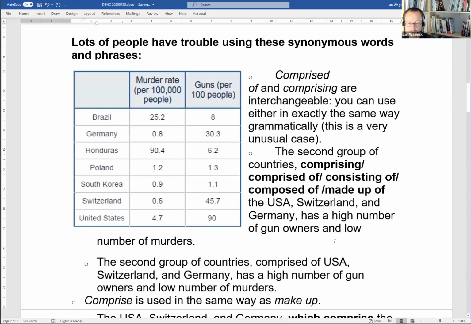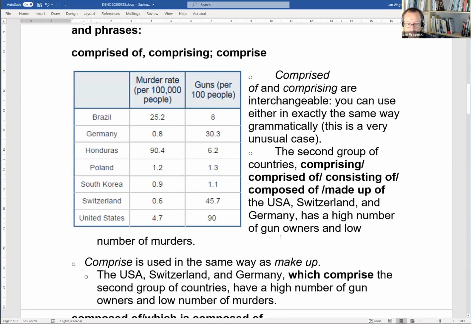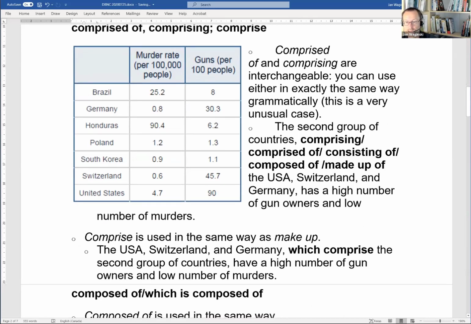Okay, so we've already done this one. We can look at it from the other point of view. Notice here, these words are coming before the items in the group. So you've got USA, Switzerland, and Germany over on this side of those words.